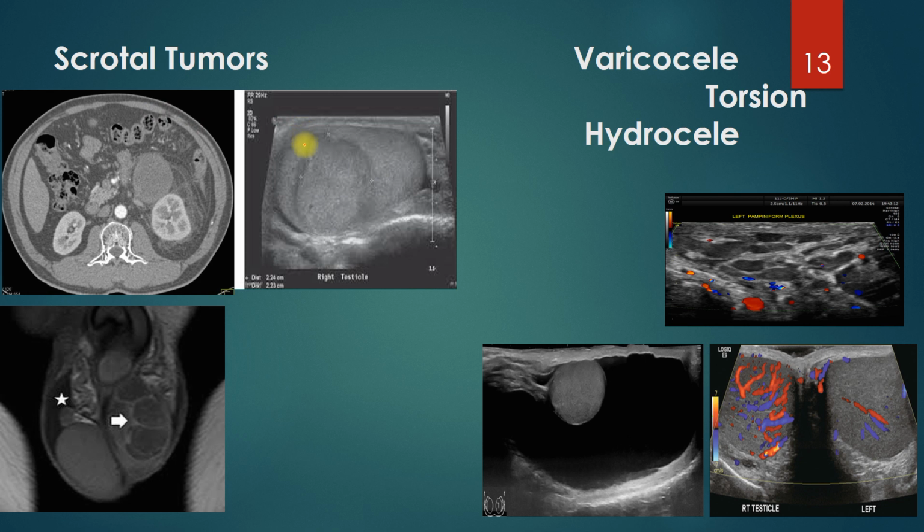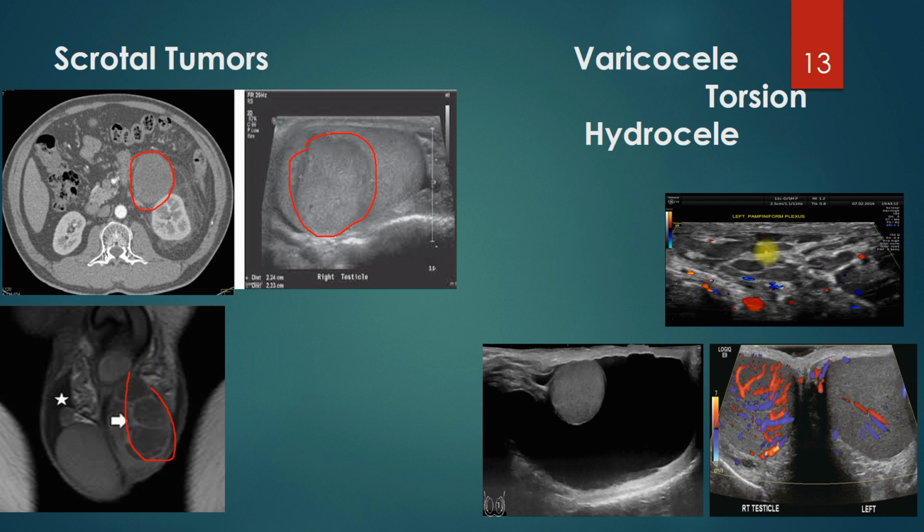It shows a mass here of the testis on ultrasound, and this is a testicular tumor. Here, look, this is CT. There is a mass here. This is a retroperitoneal mass with enlargement of the lymph nodes. This is either metastasis or recurrence, and this is MRI with mass.